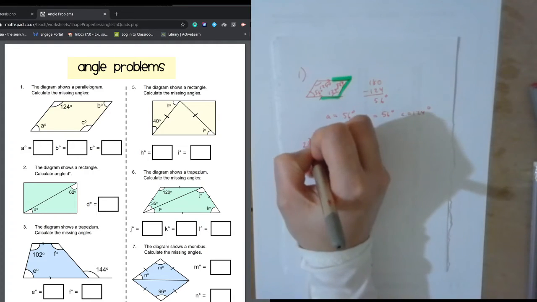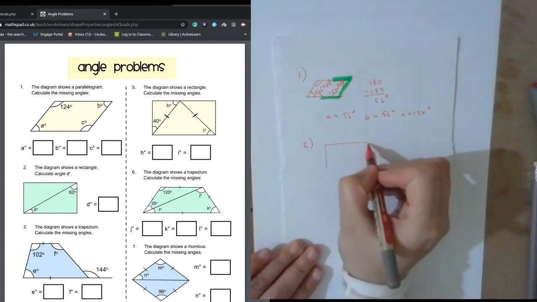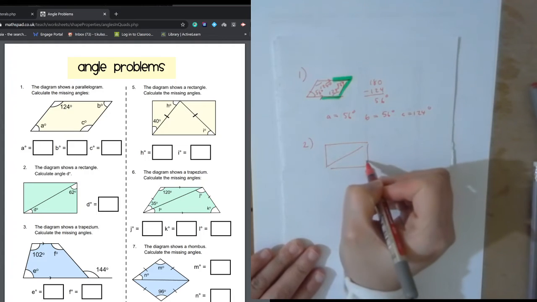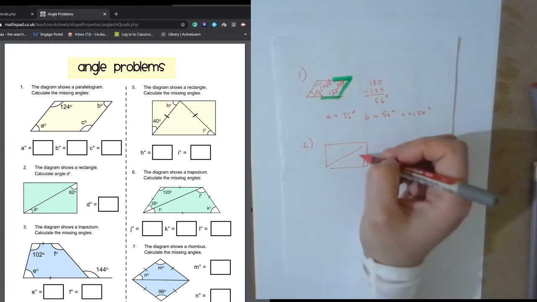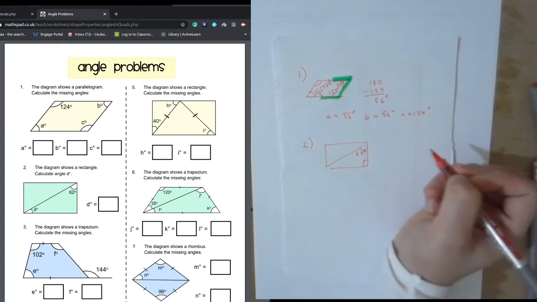Okay, number 2 states a diagram shows a rectangle, calculate angle D. Oh, this one's super easy, isn't it? They've not told me that angle, but it's a rectangle, so I know that's going to be 90 degrees. This is 62 degrees.